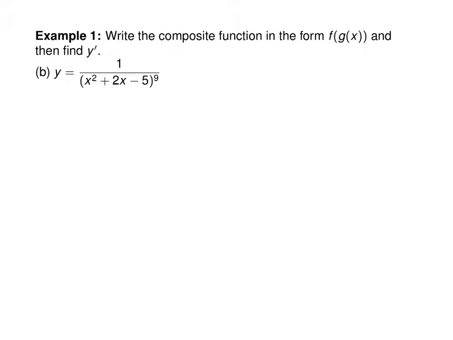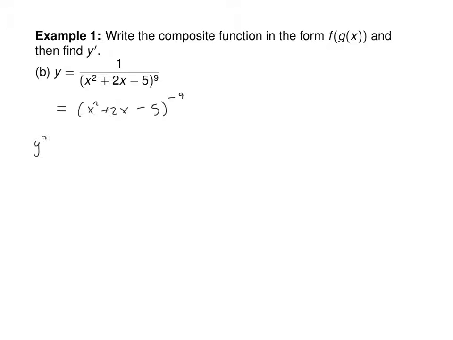Okay, this one is almost the same thing, right? So this is the same thing as (x squared + 2x - 5) to what power? Negative 9, great. Now you're going to take the derivative.